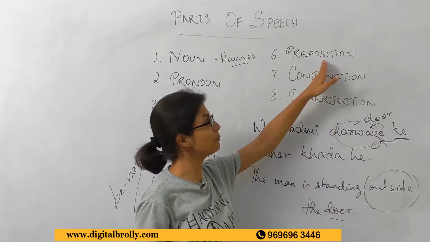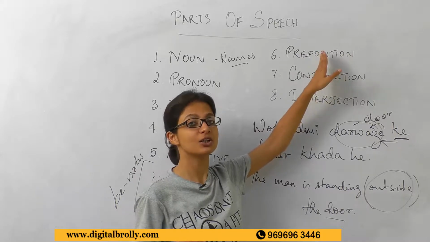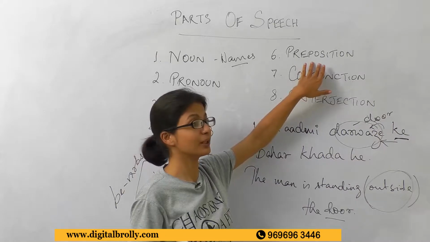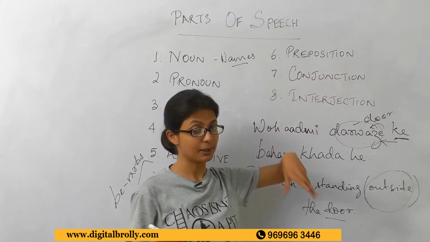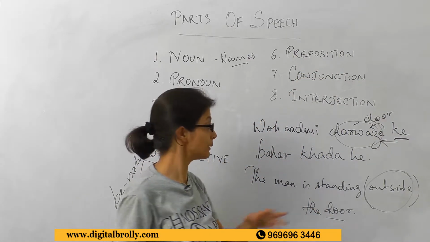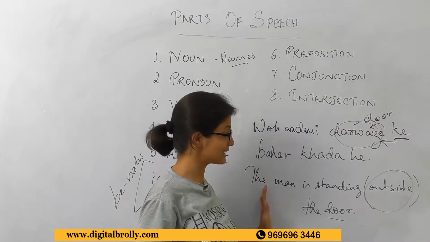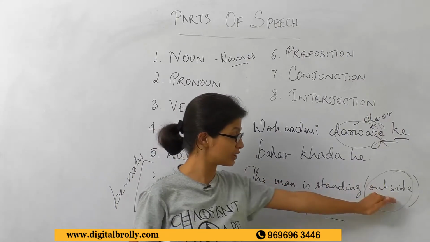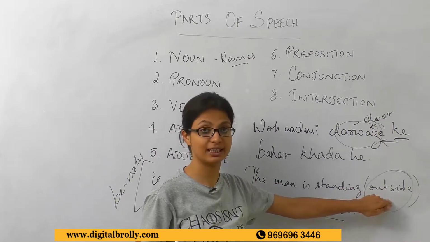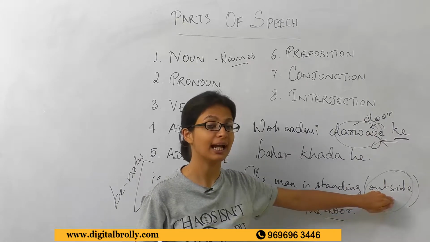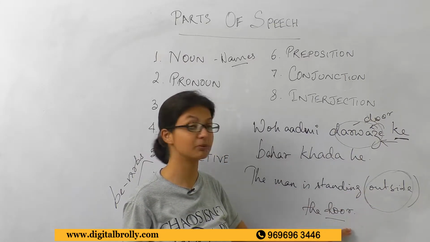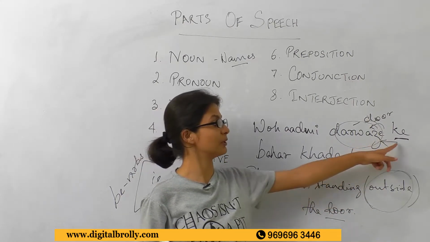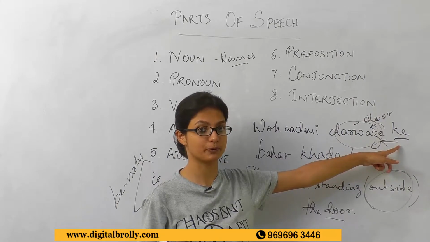So prepositions are nothing but words showing the position of the noun, words showing the position of the subject in relation to the object. So the man, which is the subject, is standing outside the door. So the man, the subject, in relation to the object is standing outside. So this becomes the position, and in English because it appears before the noun it is called a preposition, whereas in Hindi because it appears after the noun it is called a postposition.